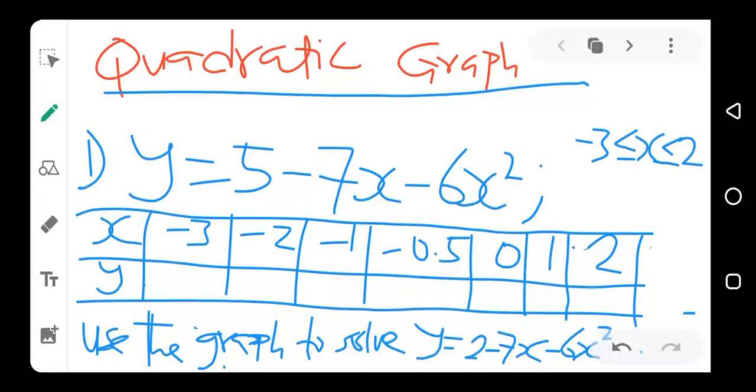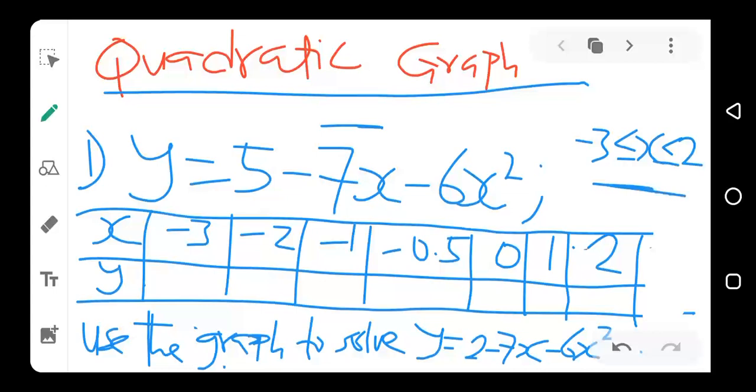This is the equation given to us, the first one, and we are asked to draw the graph of this quadratic equation, that is y equal to 5 minus 7x minus 6x squared. We are given the values of x from minus 3 to 2. Of course, we are also given this inequality.